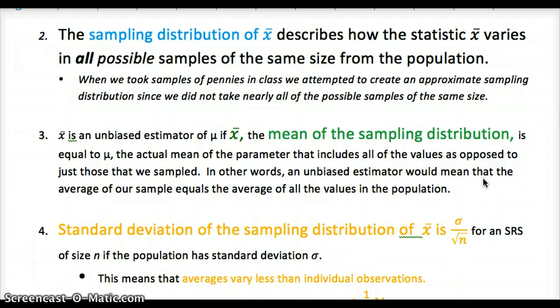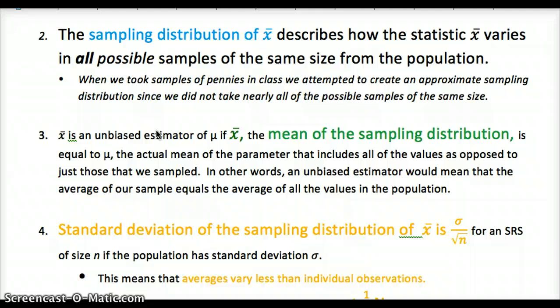So unbiased estimator, remember X bar is going to be unbiased if the mean of the sampling distribution is equal to mu. This little symbol down here is mu. Mu represents the actual mean in the population. So that's like what we're trying to find out. So an unbiased estimator is our goal when we're collecting data and figuring out a way to interpret our data in order to figure out what the actual mean is, whether it's the mean number of people in America who had heart attacks last year or whatever it may be.